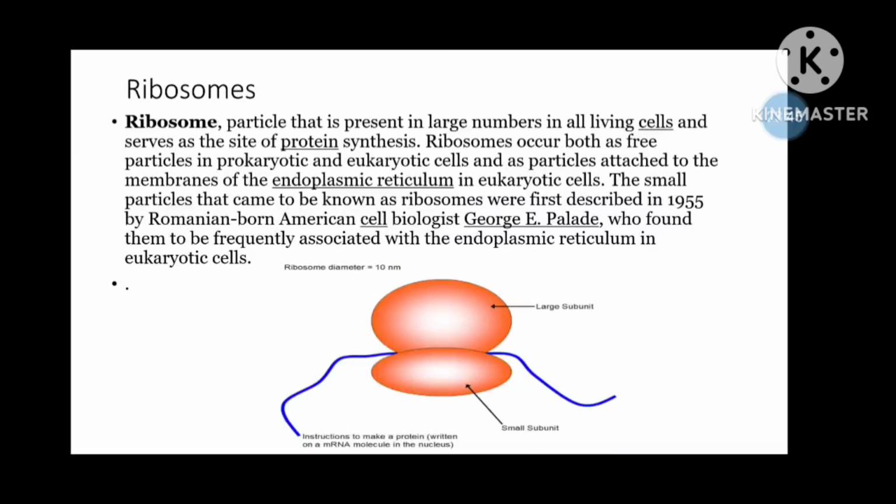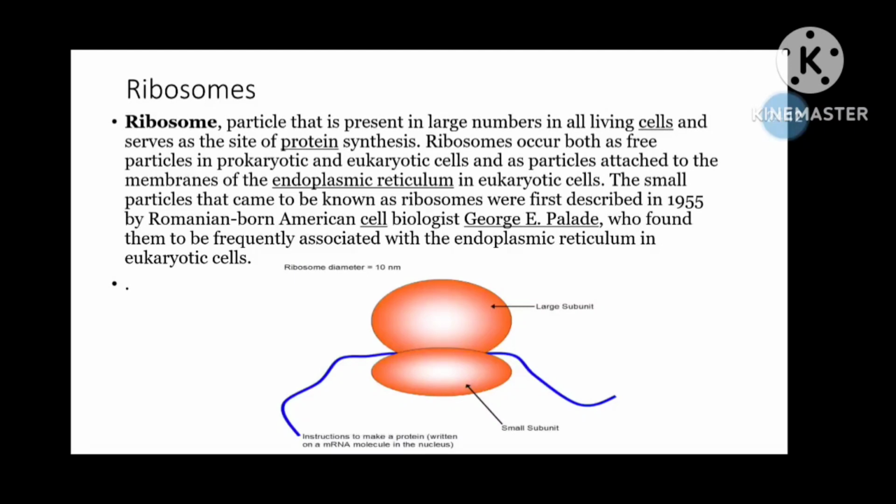Your next cell organelle is the ribosome. You know, ribosome is the site of protein synthesis. It provides a site for protein synthesis, and the size of a ribosome is about 10 nanometer in diameter.